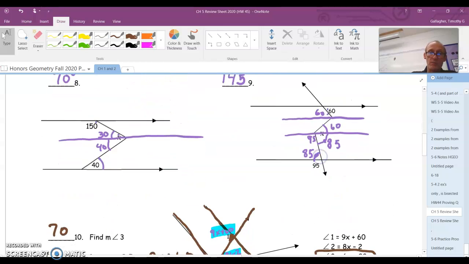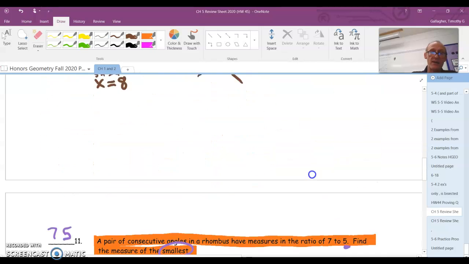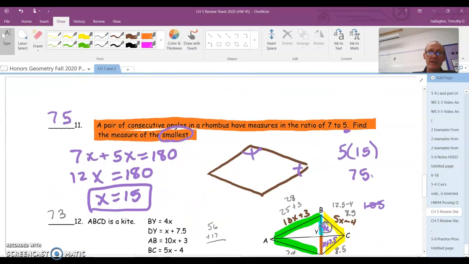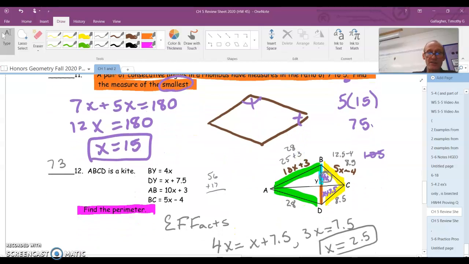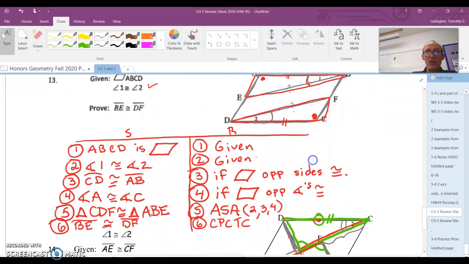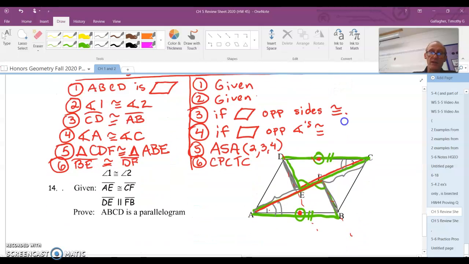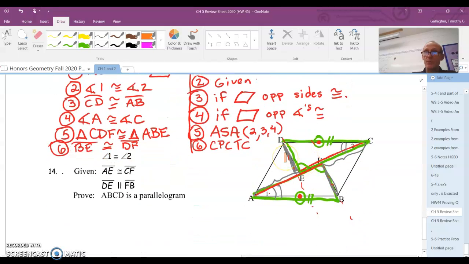Crook problems, equation from the facts again for number 10. Again, equation from the facts. You can use your sheet on your test. And then we did a proof that was fairly simple, but you've got to be able to see it. And the last proof I will do on a separate recording.